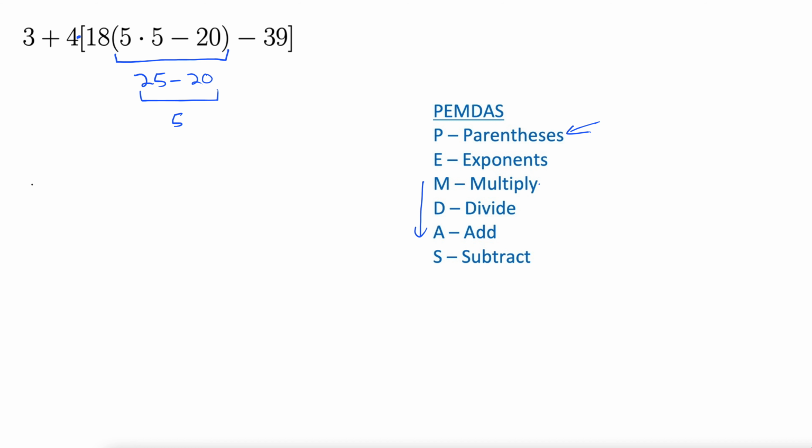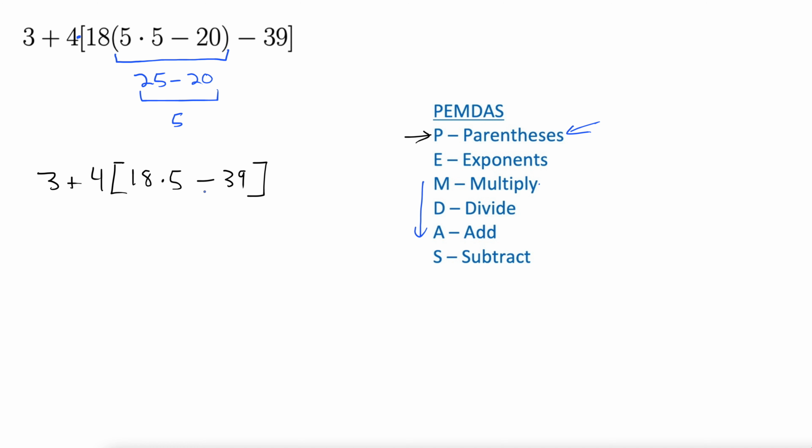Let's rewrite this whole thing. We have 3 plus 4 times 18 times 5 minus 39. Okay, well, what comes next? Now we're working inside parentheses again. We're just going inside out, and each time we get a new set of parentheses, we have to deal with that. Inside these parentheses, we have a multiply and a subtract.